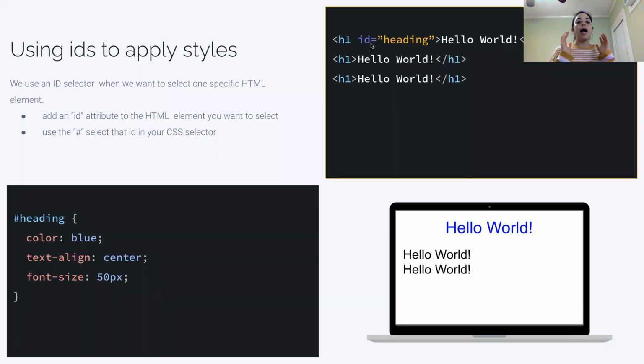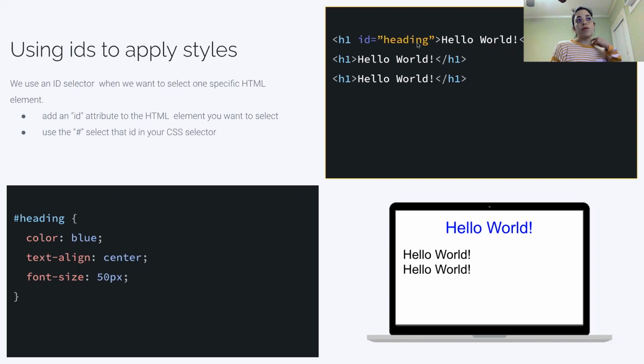You can have multiple elements with IDs, but the value of that ID has to be unique for every single one. So with classes, you can create a category and then use that category to describe a bunch of different elements. But with IDs, you can only use that ID to describe one element.